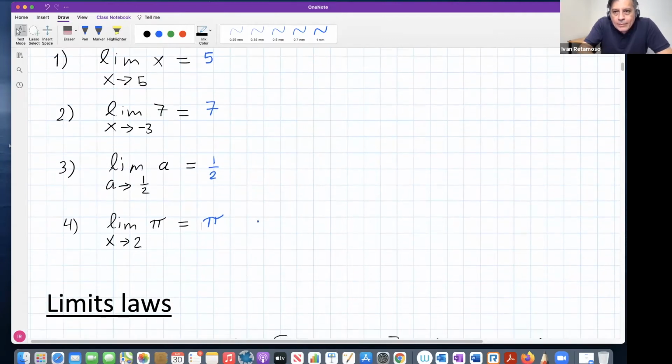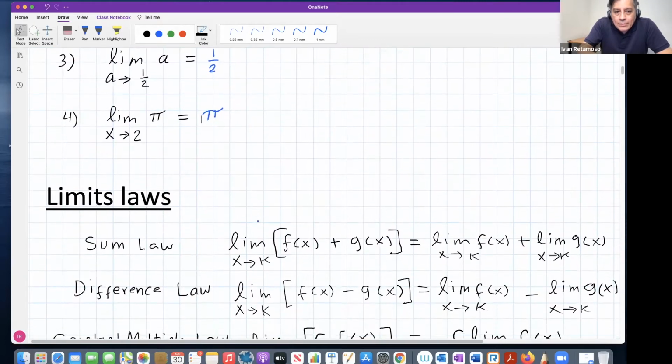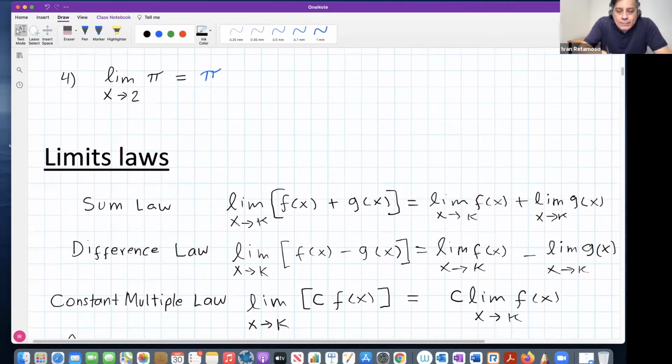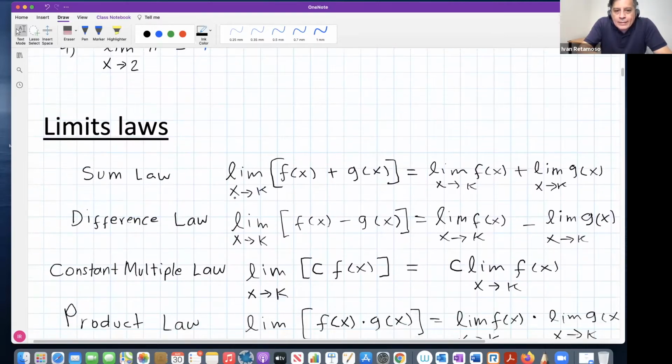Now we are ready to talk about the limit laws. Mathematicians studied these limits and found that there are several limit laws that they obey. The first one is called the sum law. It says that the limit of the sum of two functions is equal to the sum of the limits of the functions.